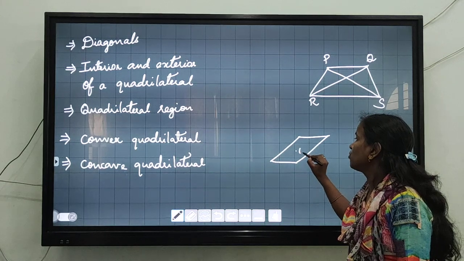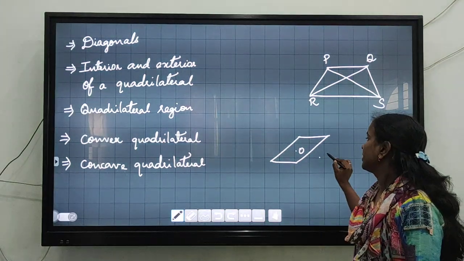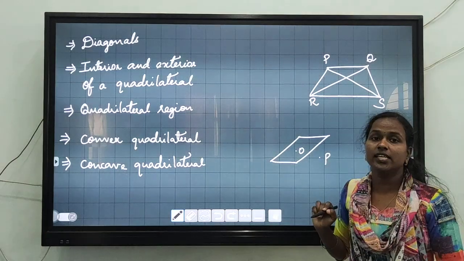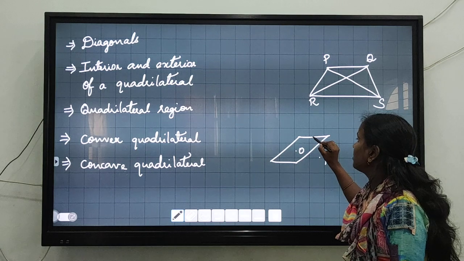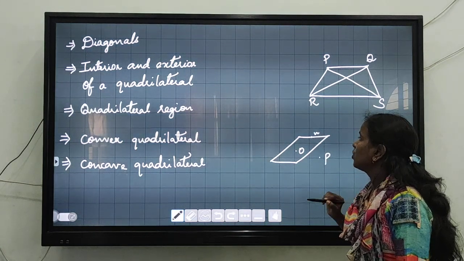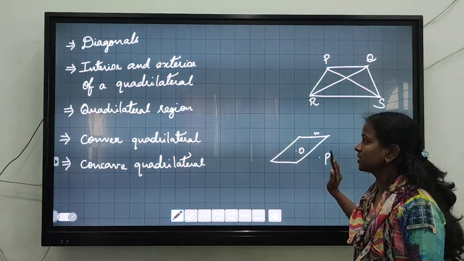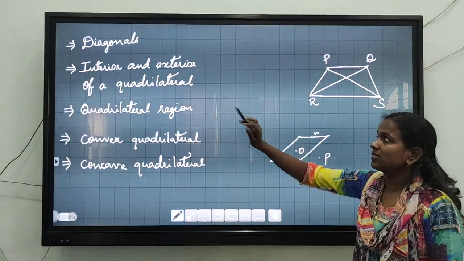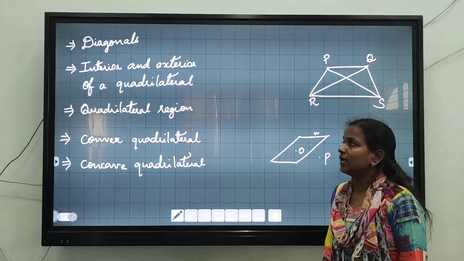If I write here, O is an interior point of this quadrilateral. P is an exterior point of this quadrilateral. If I put a point here, N, then N is a boundary point of this quadrilateral. So this is the interior point, this is exterior, this is the boundary point.